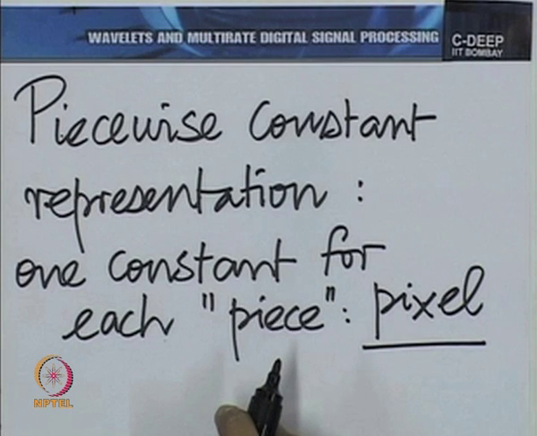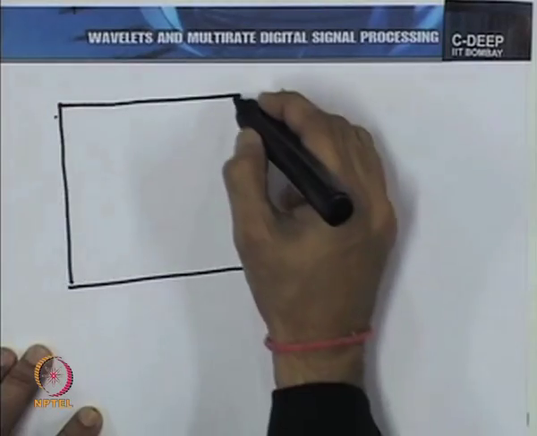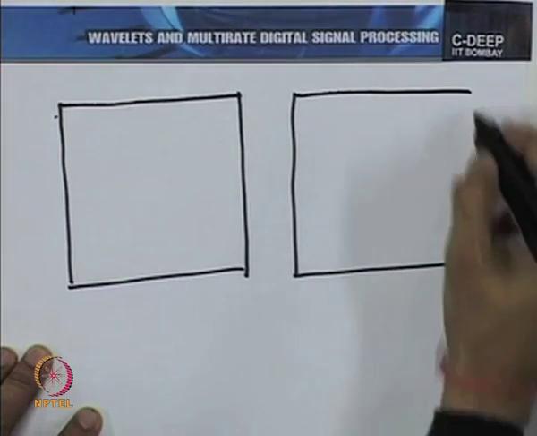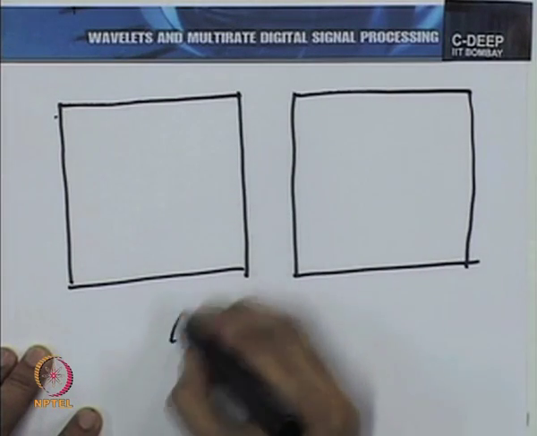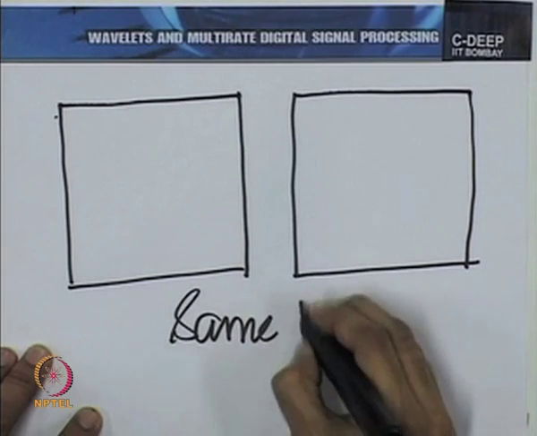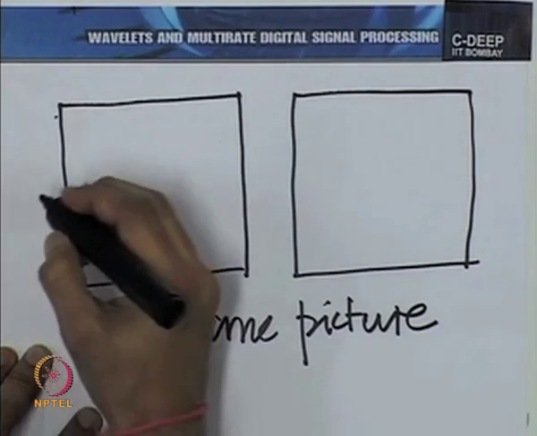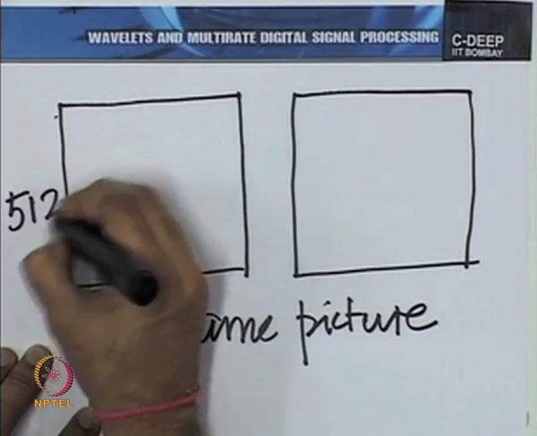Now, suppose I increase the resolution. So, I go from a resolution of 512. I take the same picture; in this case, I make a division 512 cross 512.